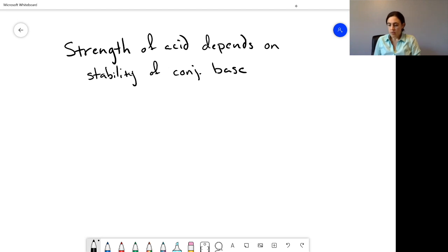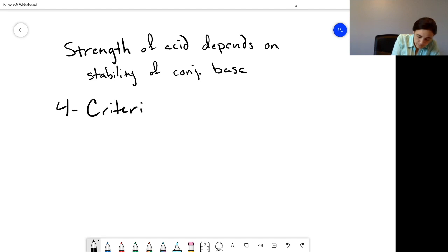So this can be done through a series of criteria that your book outlines. I'm going to go through the same order that your book, in this case, Klein Organic Chemistry, the third edition, lays out. So there are 4 criteria for assessing the stability of a conjugate base and therefore the strength of an acid.